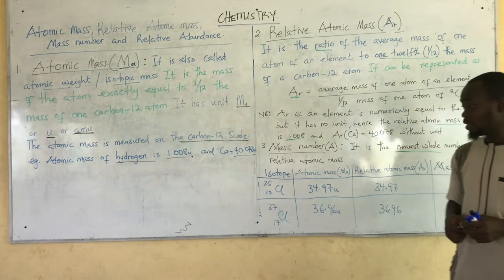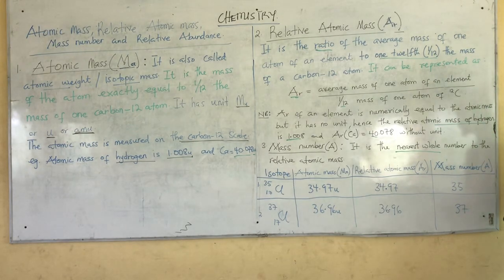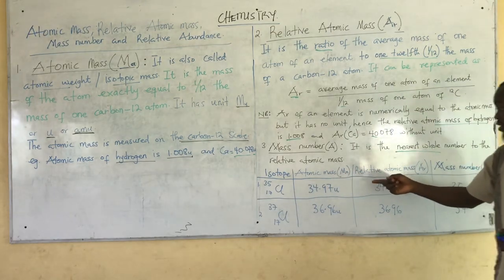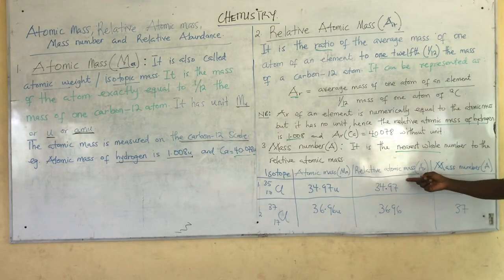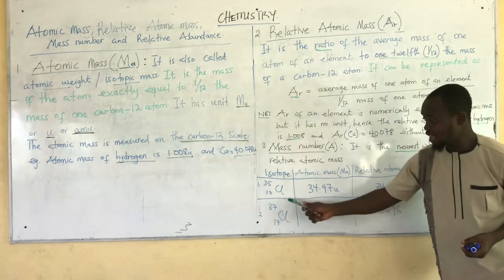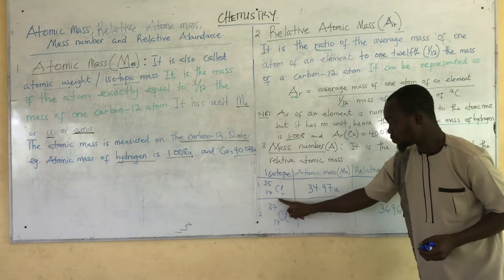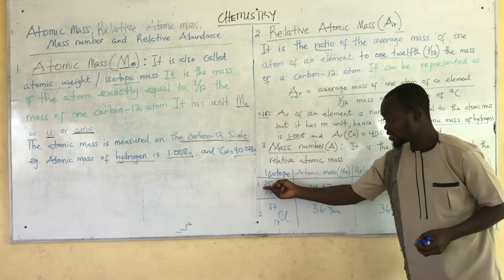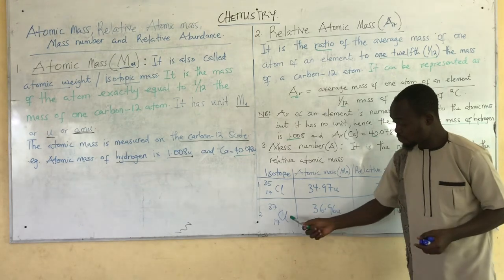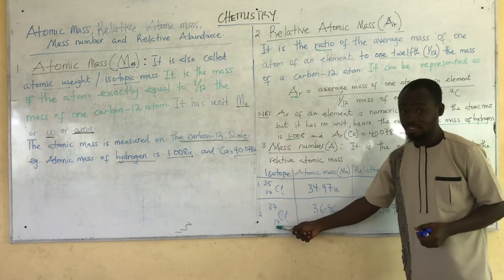Is that okay? Now I have an example here to illustrate the three pieces of information. I have my isotopes, atomic mass, relative atomic mass, and then mass number. In my first example, I have the isotope of chlorine, Cl, with a mass number of 35 and a proton number of 17. In the second example, I have chlorine again with a mass number of 37 and a proton number of 17.